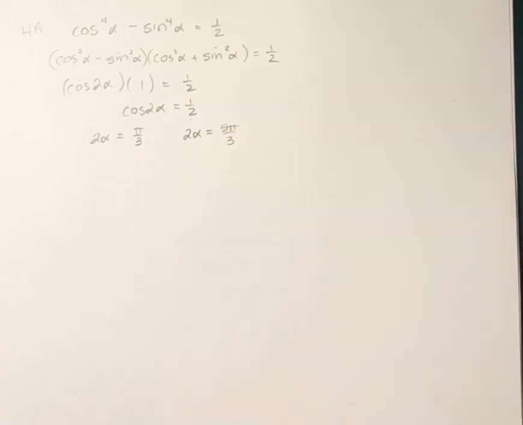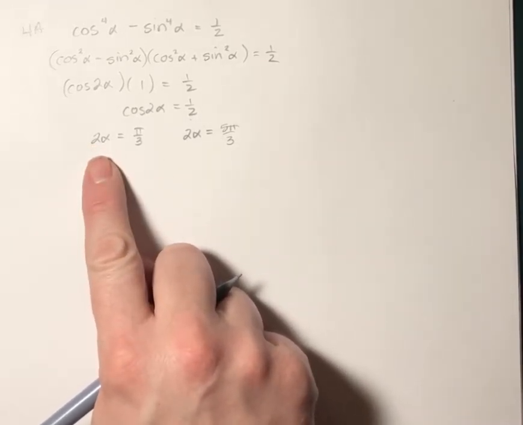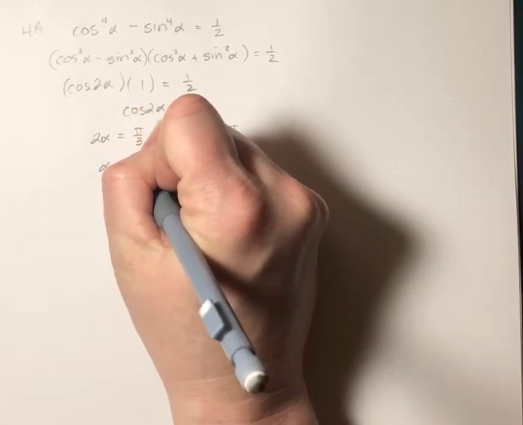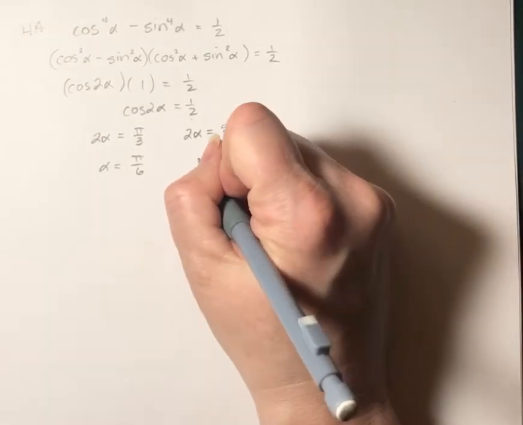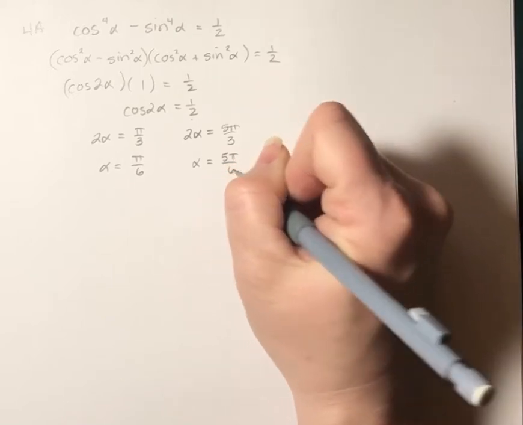And this is just like example 4 from section 5.3 when we first started solving. And so what ends up happening is now I have one step further to go. So I divide by 2. So alpha is equal to pi 6, and then I divide by 2, and alpha is equal to 5 pi 6.